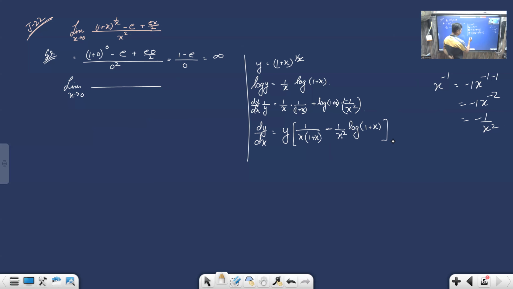And what is my y? This is my y: (1 plus x) to the power 1 by x, times 1 by x(1 plus x) minus 1 by x squared log(1 plus x).